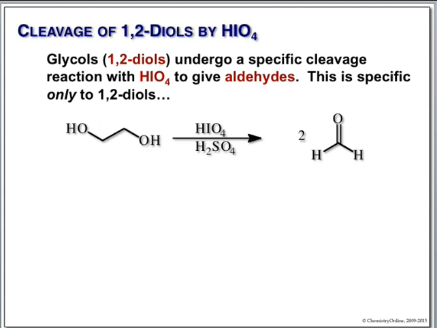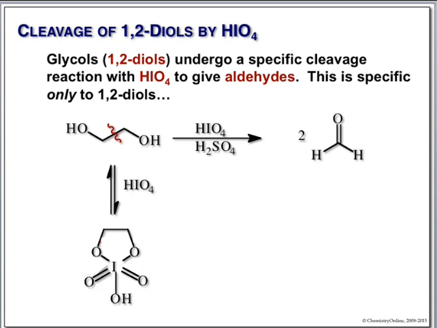Turns out that 1,2-diols are actually kind of neat because you can then split them in half using periodate. This is an iodic acid in the presence of sulfuric acid. What happens is we're just going to split this guy in the middle, and we're going to form aldehydes. Aldehydes and ketones.